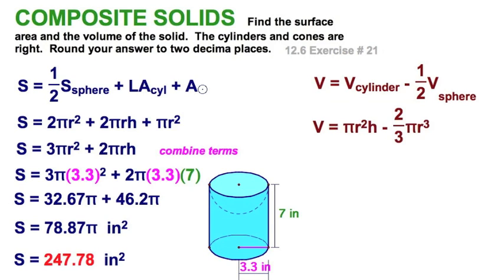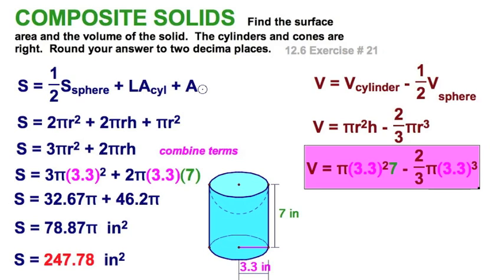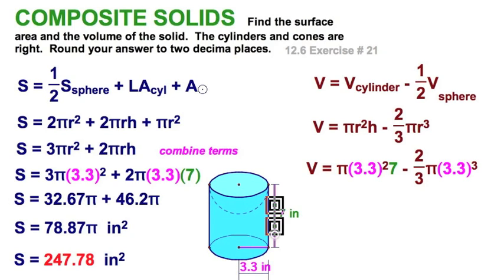I'm going to perform the substitution, pi r squared h for the volume of a cylinder, minus half a sphere, which would be 2/3 pi r cubed. I'll do my substitution again, my radius in magenta, and my height in green.